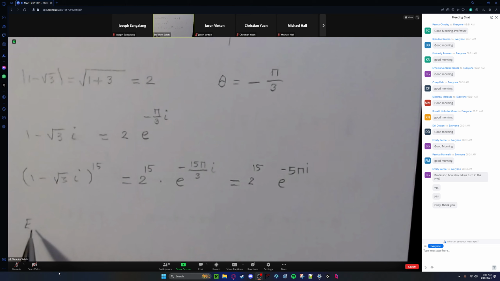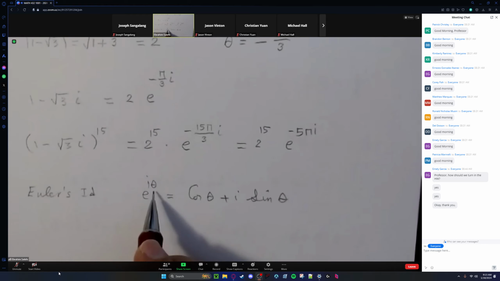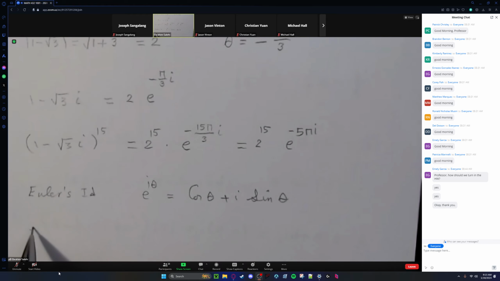So Euler identity says e to the i theta is cosine theta plus i sine theta. So what is e to the i pi? We're using theta equal pi, e to the i pi.